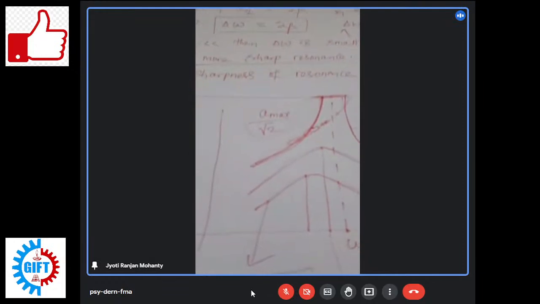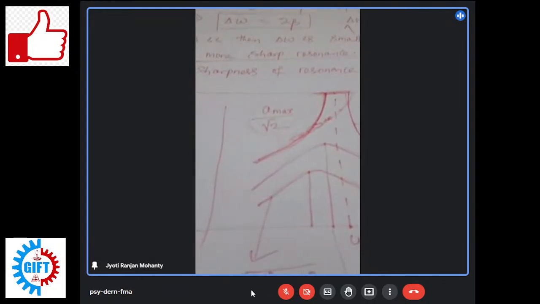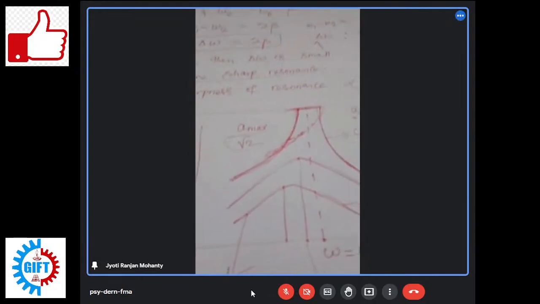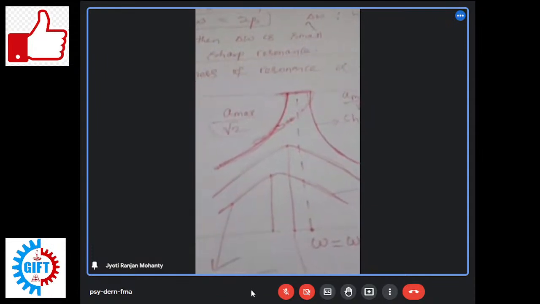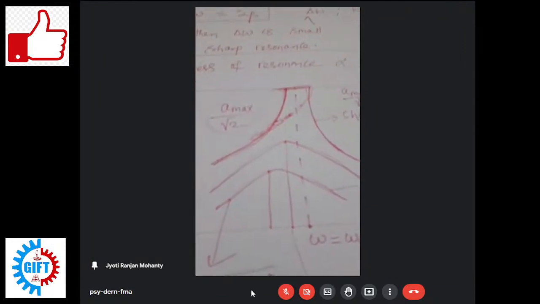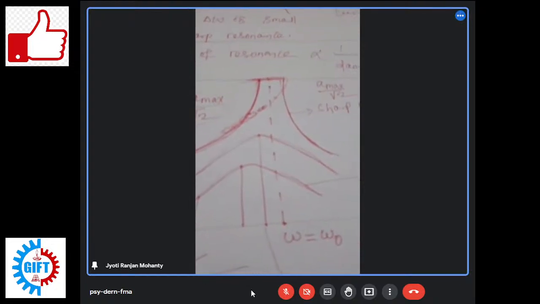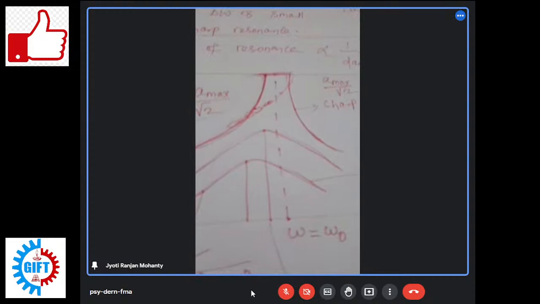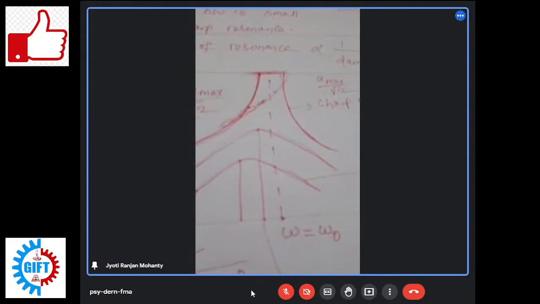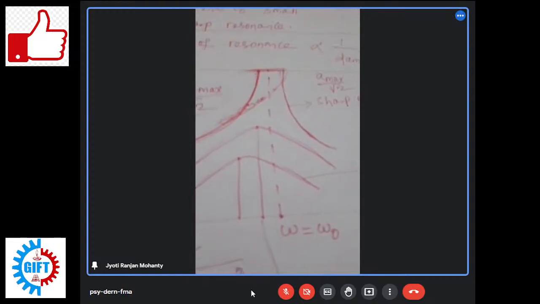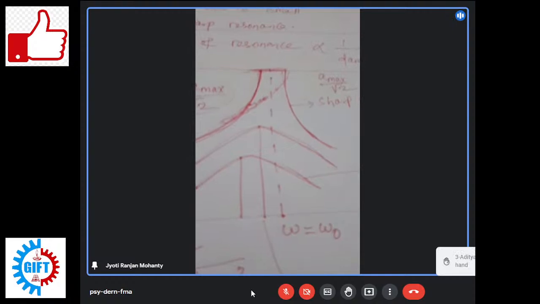Somehow you justify the last sentence: the faster the fall, the sharper will be the resonance. Anybody who can justify the sentence? Pragya?